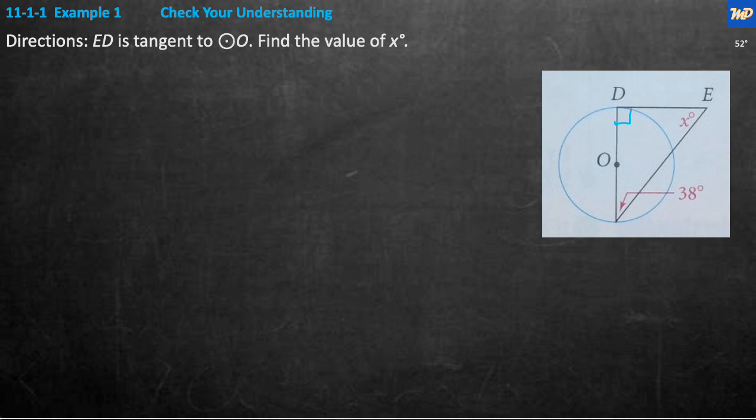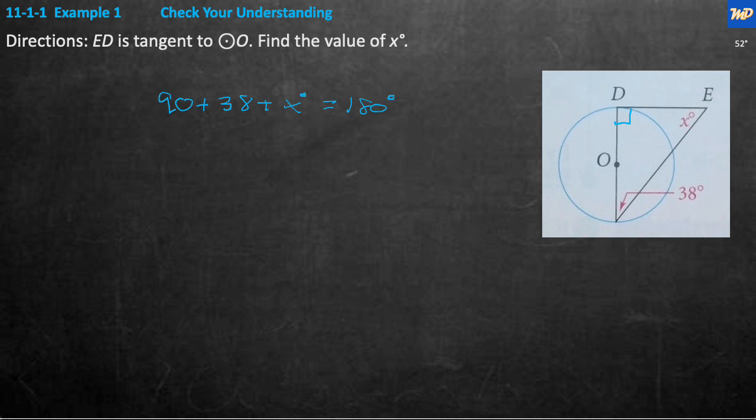And that means that we have 180 degrees in the triangle, and they've already given us 90 and 38. So let's say that 90 plus 38 plus X is equal to 180. And X in degrees, right?